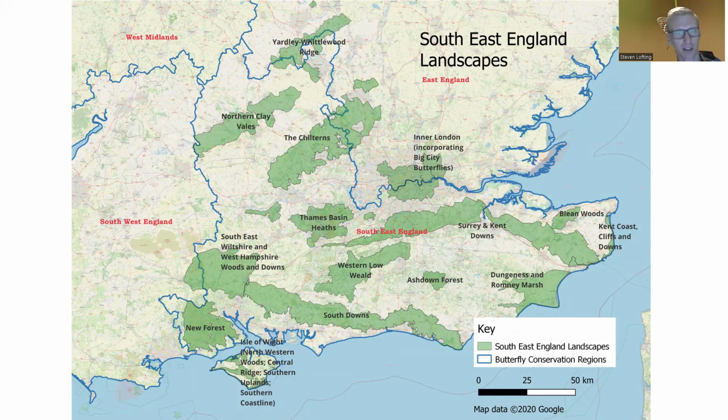So there's a broad range of landscapes, each bringing different factors that are needed for butterflies and moths, but not necessarily always performing how they should do, due to human intervention or changes in how those landscapes are managed, or indeed climate change. So we have to go in and help the species out by doing a number of different things.